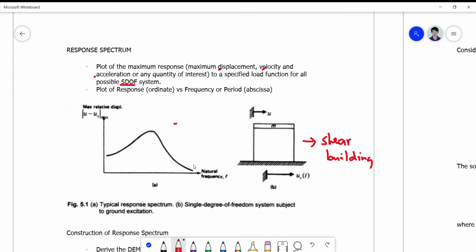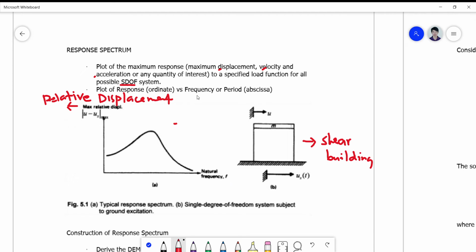Okay, so the displacement response serves as the ordinate, while your frequency here, f, serves as your abscissa.